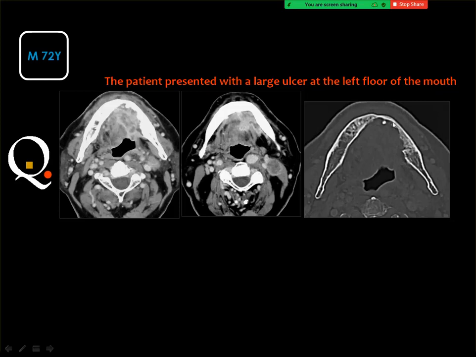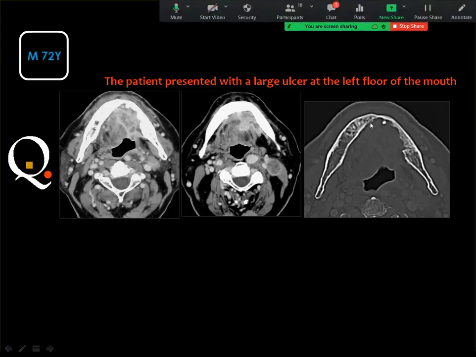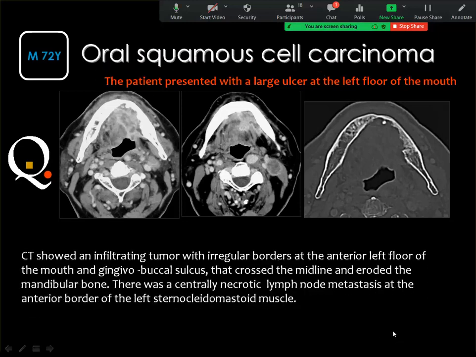You see how much the destruction and the erosion of the inner mandibular cortex with infiltration by this heterogeneously enhanced mass. I said you should consider carcinoma in these particular locations unless you have a good evidence of inflammation. Also, you can see this necrotic lymph node, which represents a metastatic deposit from this mouth floor carcinoma.